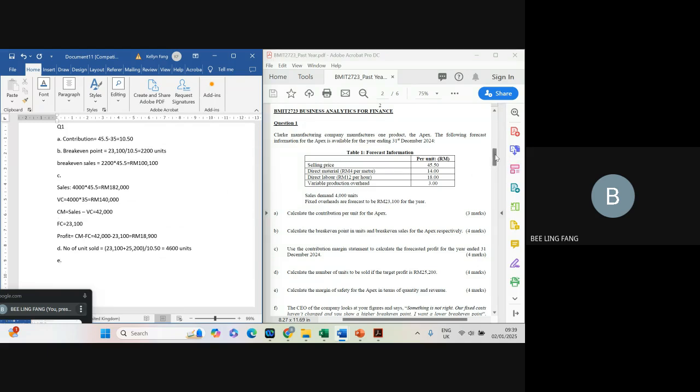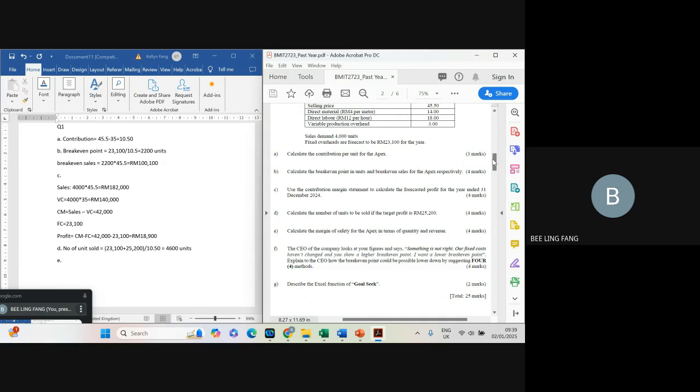Okay, E. Calculate the margin of safety in terms of quantity and revenue. Margin of safety means how much you don't make loss. The safety, the cut off. Okay, so you have 4,000 units from the question. 4,000 units minus 2,200 units.